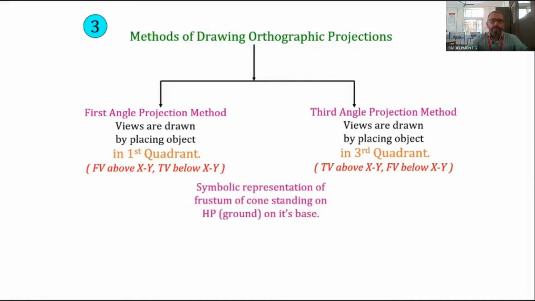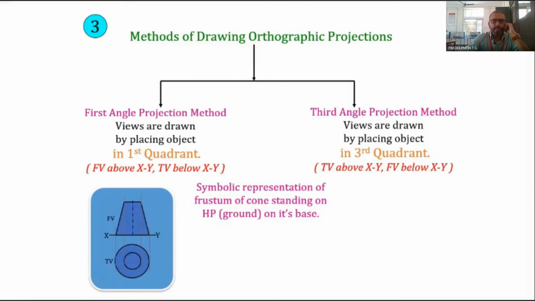Now the symbolic representation of these things is like a frustum of a cone standing on HP on its base. That is the condition. In the case of a frustum standing on HP on its base, the front view will be only a trapezium.